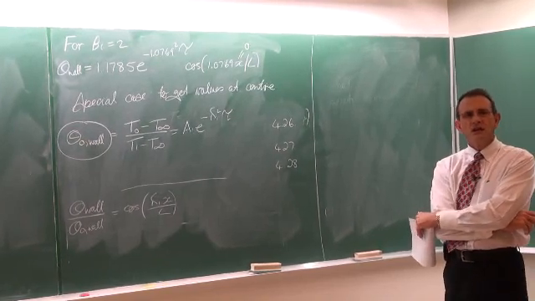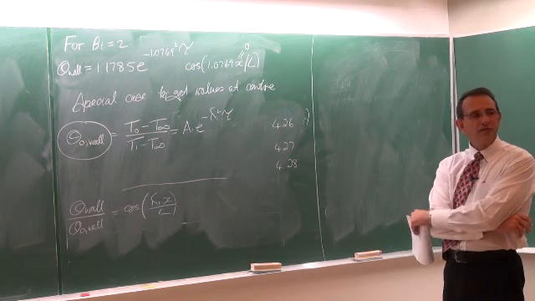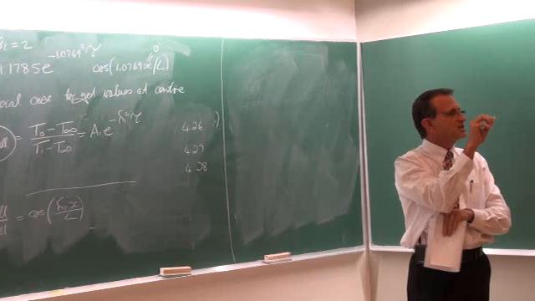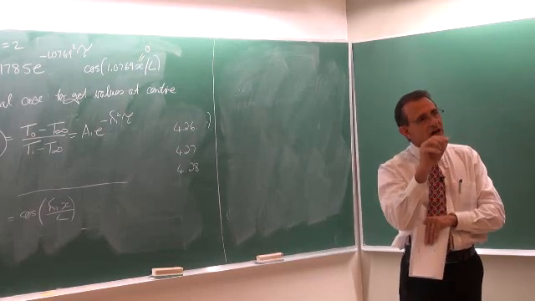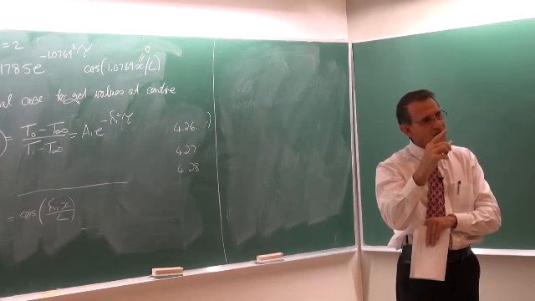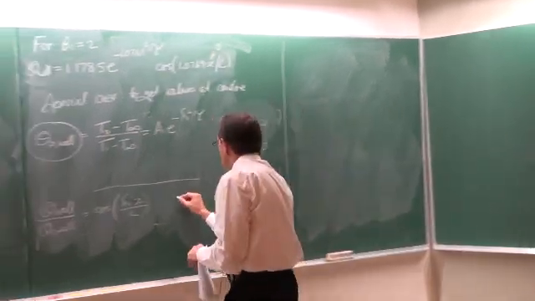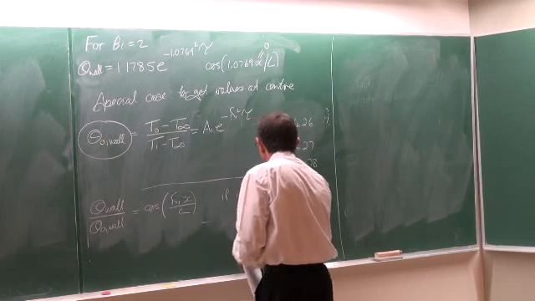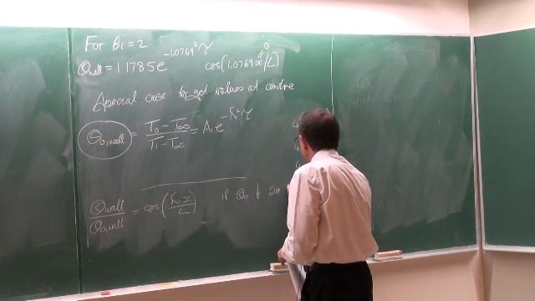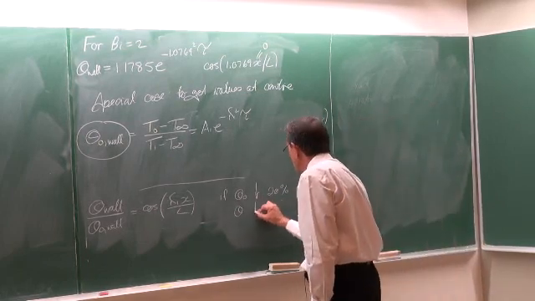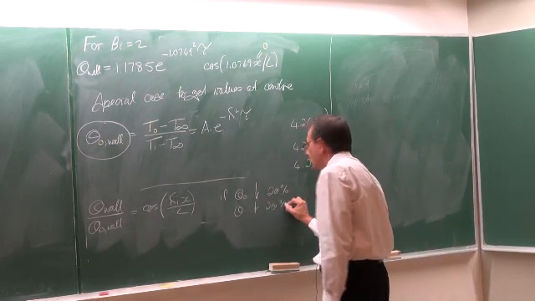What does that really mean? It means that if we have a problem where the center temperature drops by 20%, then all the other values would also drop by 20%. So that is what it means. If theta 0 drops by 20%, it would mean that all the other values would also drop by 20%.